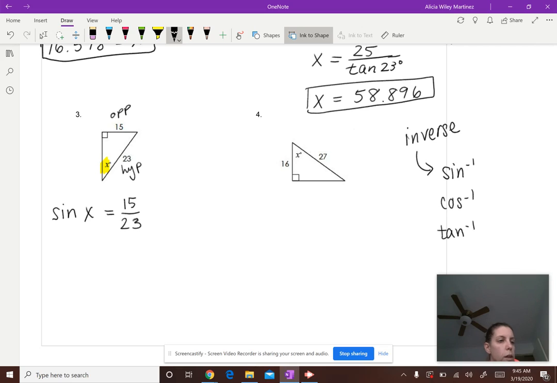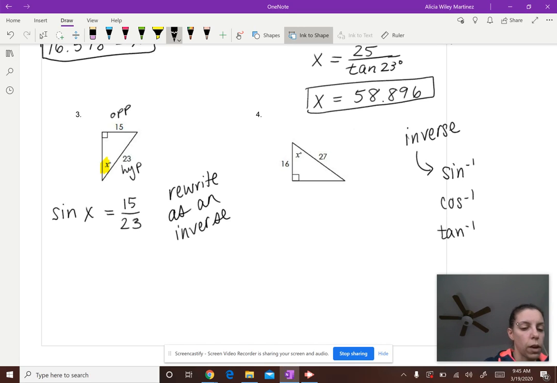All right, so the way that we're going to go about doing this is we are going to rewrite the problem. Whenever your variable is in the angle, you need to rewrite it as an inverse. So here's how you do that in case you forgot.